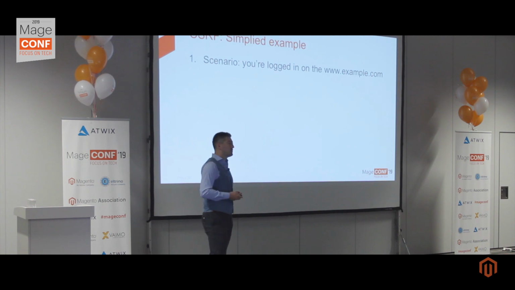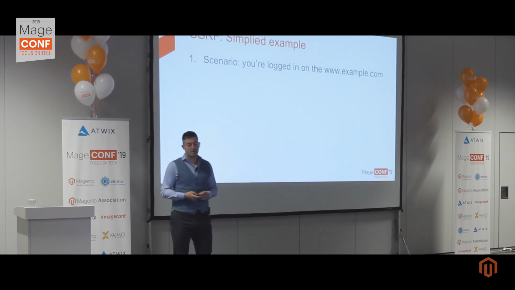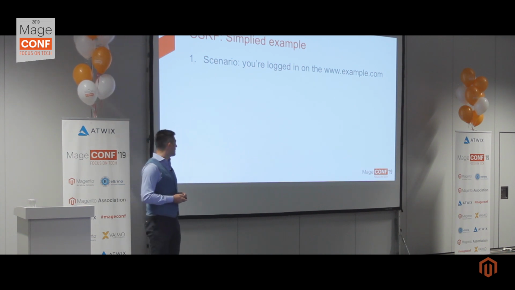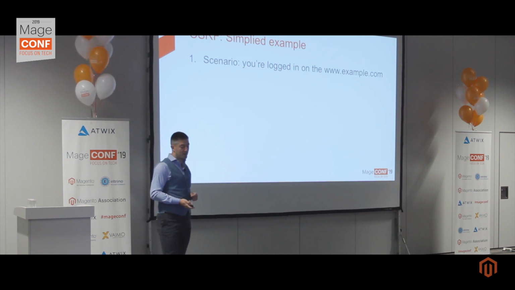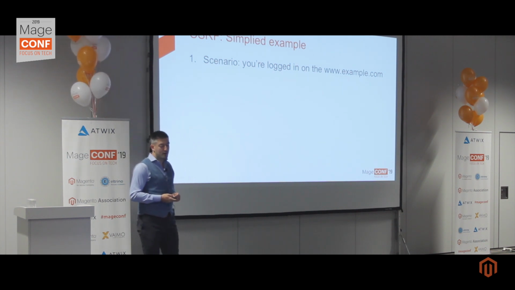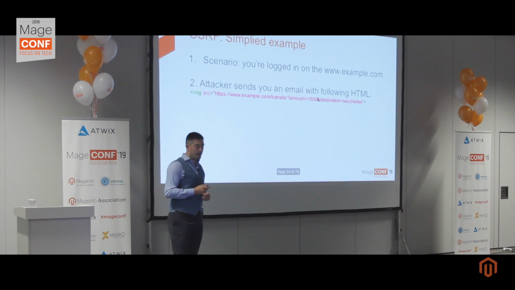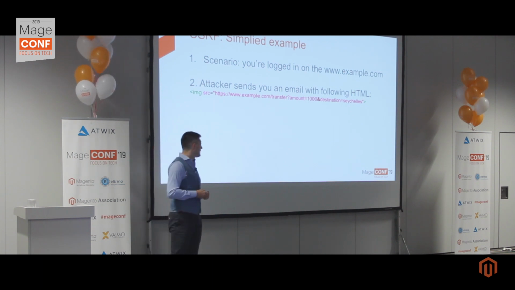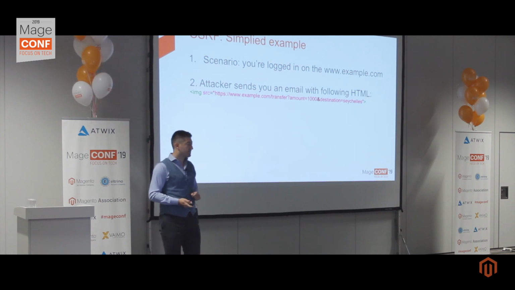Cross-site request forgery. I'll just explain how it could look, one simplified example. So you're logged in to one website, let's say example.com. Then an attacker sends you an email with the following HTML, and as soon as you open the email, it executes.